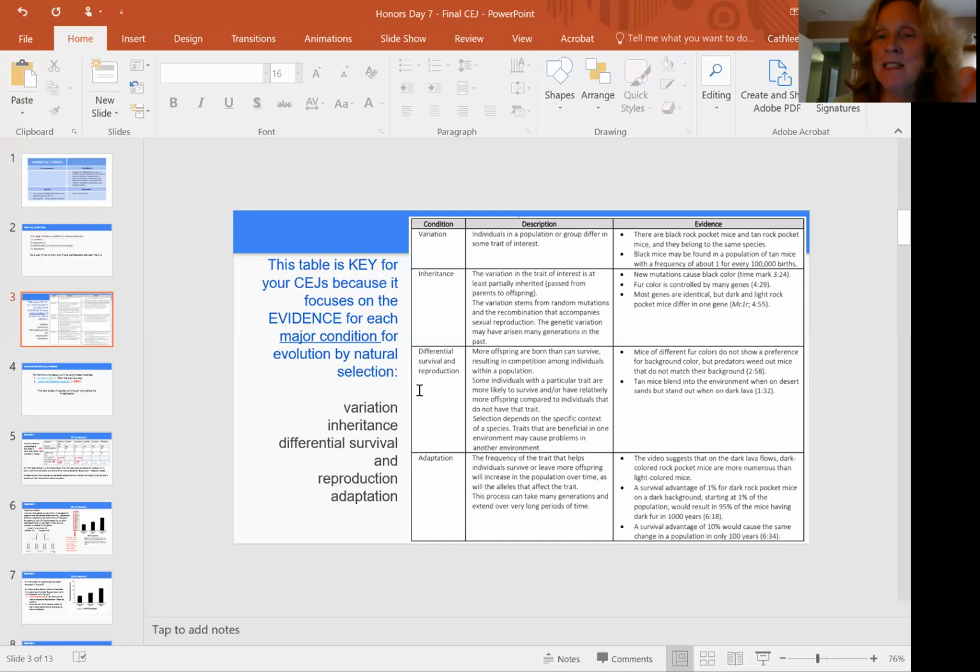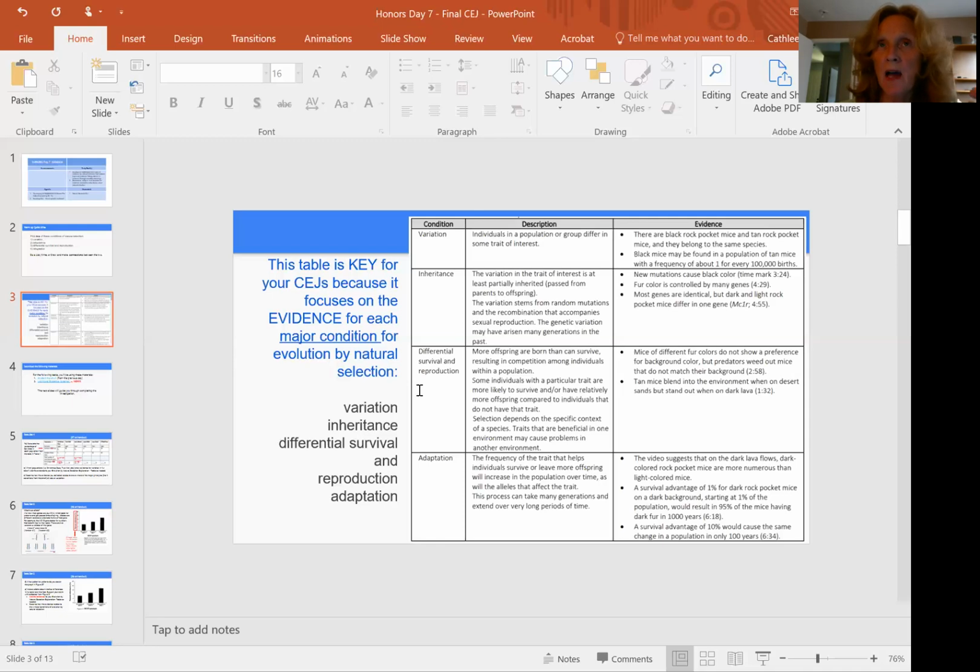The pocket mice differ in just one gene part. So the majority of the genes are identical, but there was one part. And that inheritance, which they obviously got passed down from the parent to the offspring, is an inheritance component, okay?